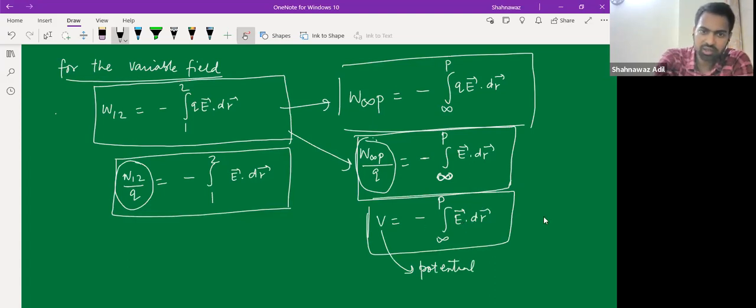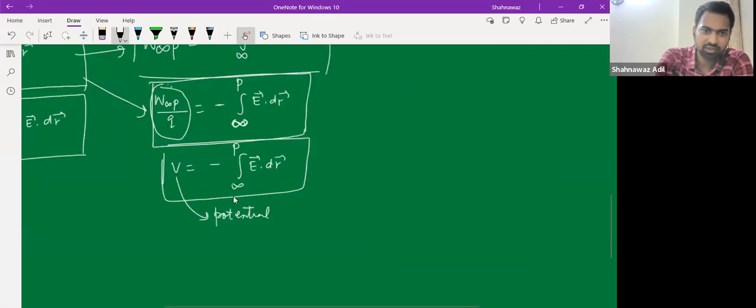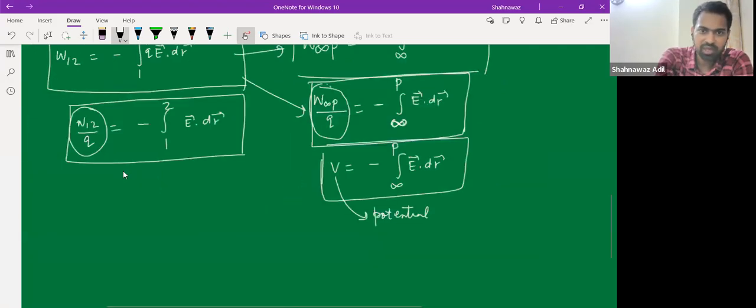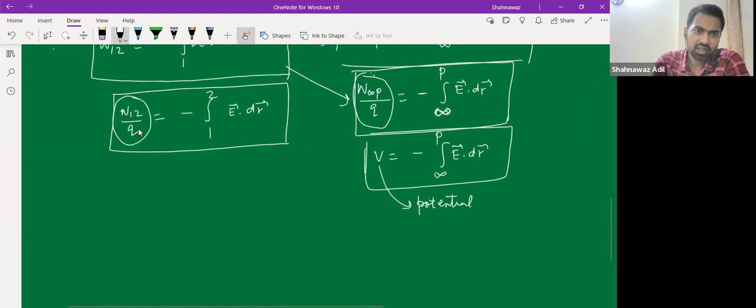But if I bring a charge Q from point 1 to 2, this would be called the potential difference, V2 minus V1, which is delta V, right?